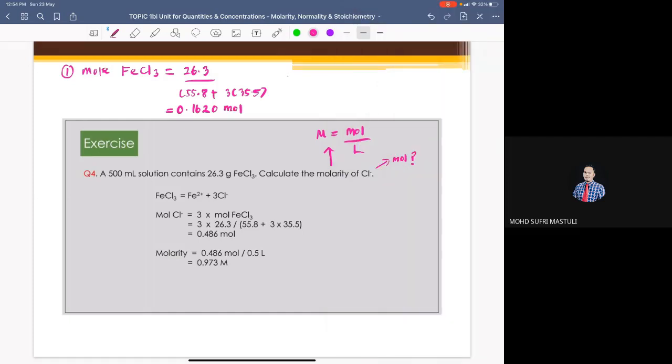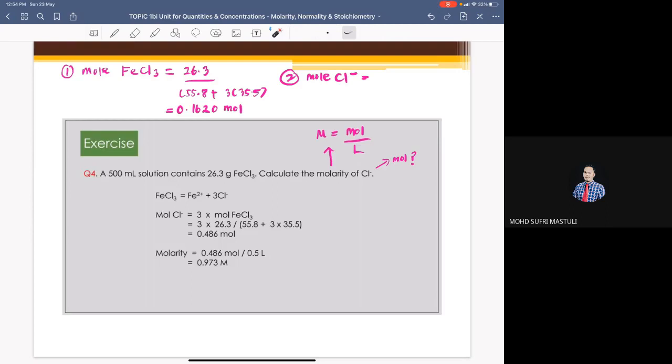And then second, you can calculate the mole of Fe. Sorry, not Fe, mole of Cl minus.